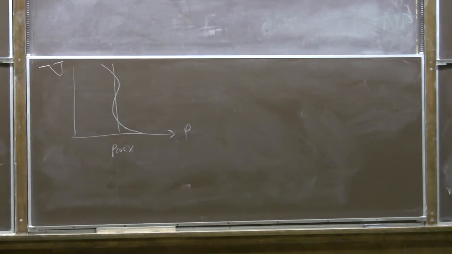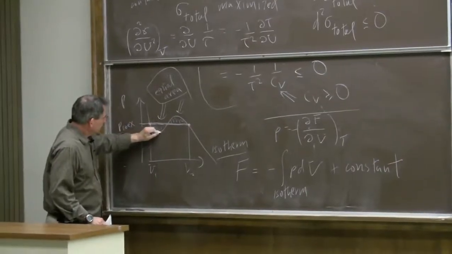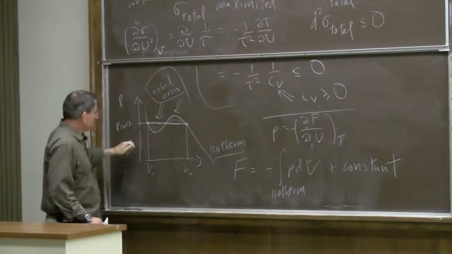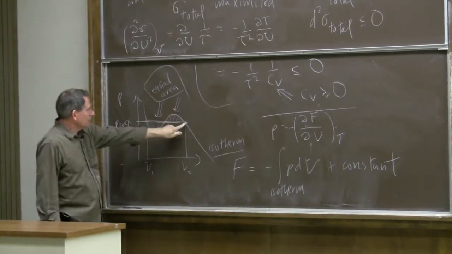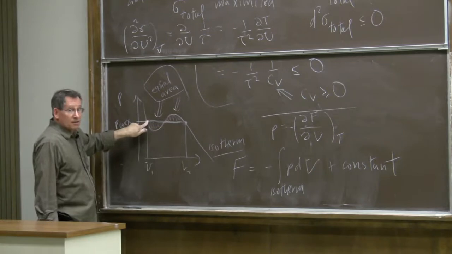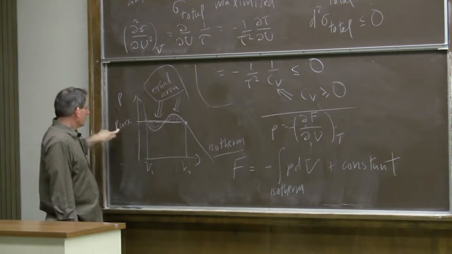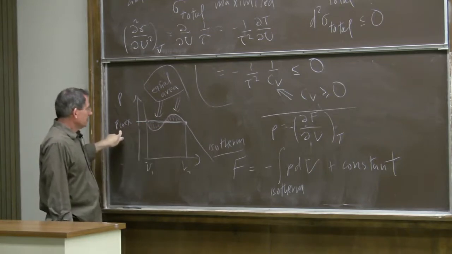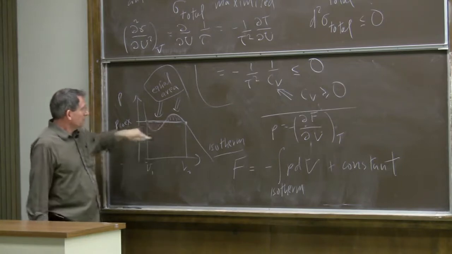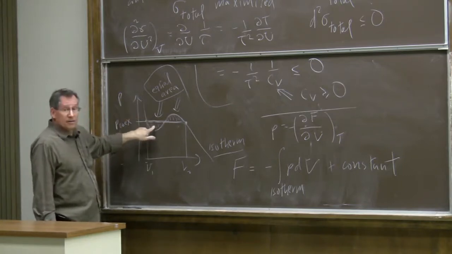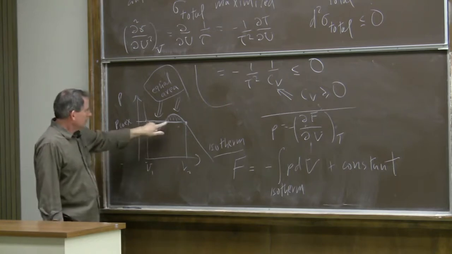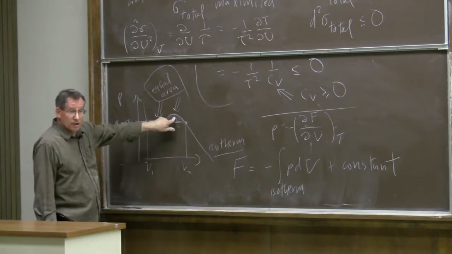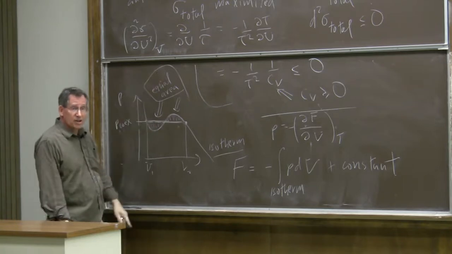So integral P dV means the integral of this function, this cubic function, along the isotherm. And I'm saying that's equal to the integral of this constant function, where the constant is the coexistence pressure. The two integrals being equal is equivalent to saying that this area, where the isotherm dips below the coexistence pressure, matches this area where the isotherm exceeds the coexistence pressure.